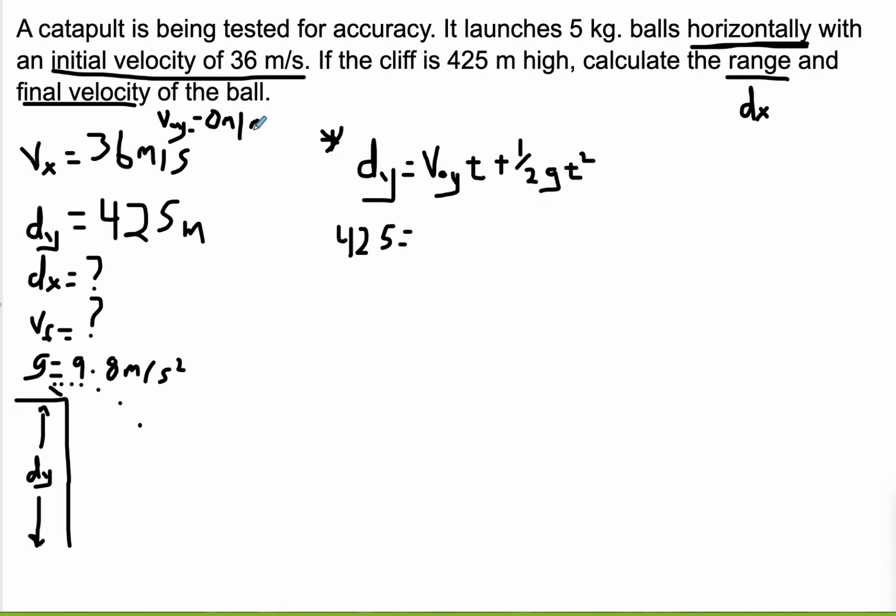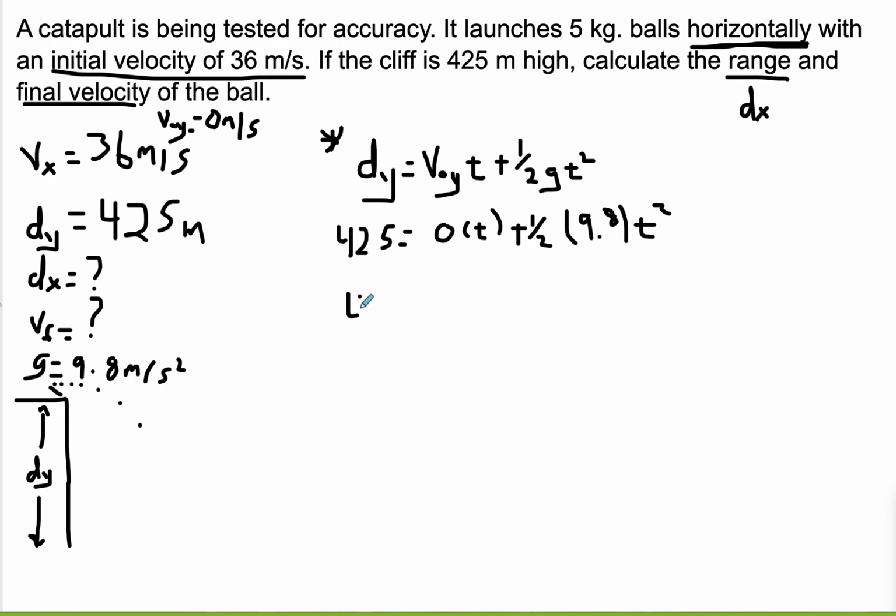So for that one brief moment in time, the starting speed in the y direction will be 0. So that'll be 0, plus 1/2 times 9.8, times the time squared.